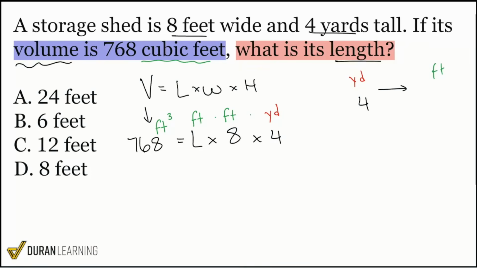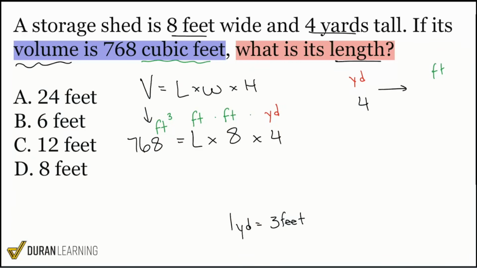My party people, to go from yards to feet, 1 yard equals 3 feet, are we going to multiply or divide the 4? Yeah, the answer to that is going to be multiplication. To go from the bigger unit to the smaller unit, what we will do is multiply by that conversion, that 3.